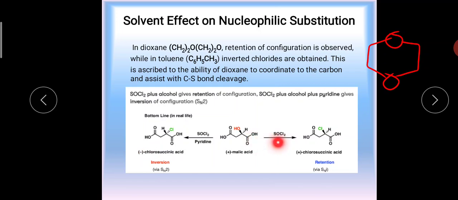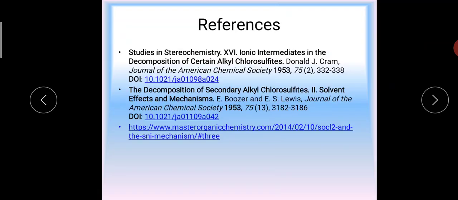If you treat malic acid with thionyl chloride with the solvent being dioxane, then you see that the product is retained. That is, it undergoes retention of the stereocenter. So this follows your SNi mechanism.